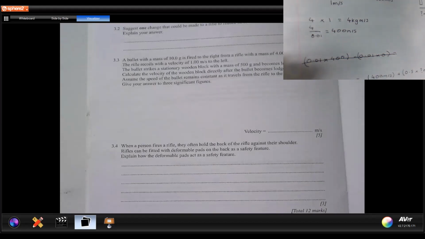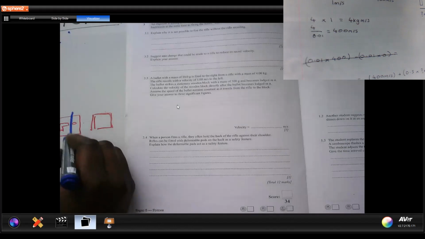No, wait, hang on, that doesn't make sense. Okay, so take your time with this one. Can I zoom out? You've got a number of systems here at play.